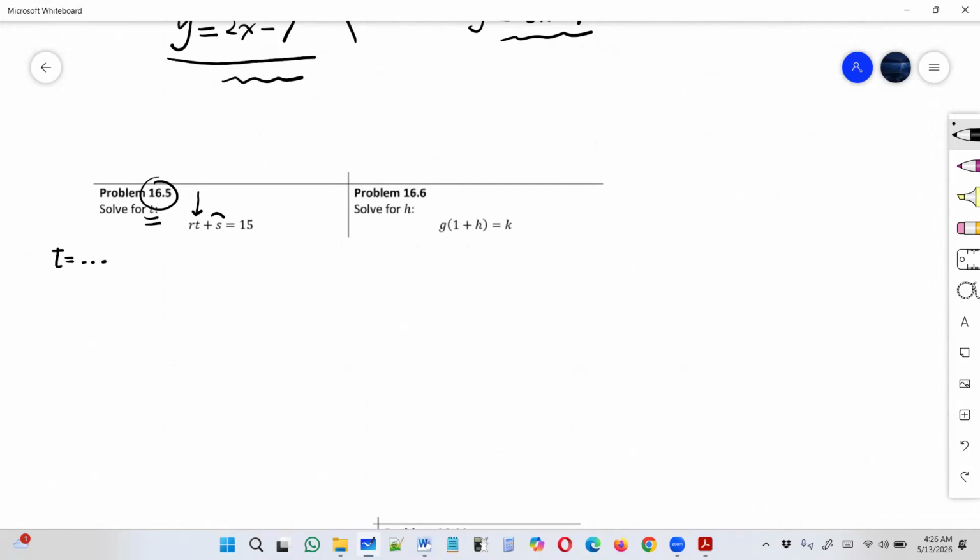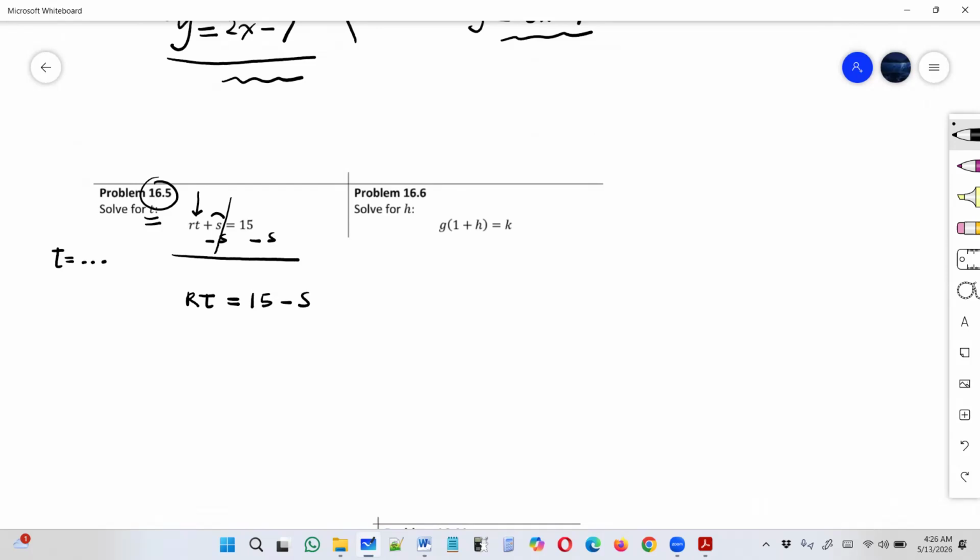The first thing I do is get rid of the s on the left side because I have to isolate t on the left. So minus s here, and obviously minus s on the right. On the left, they cancel. I'm left with RT equals 15 minus S.